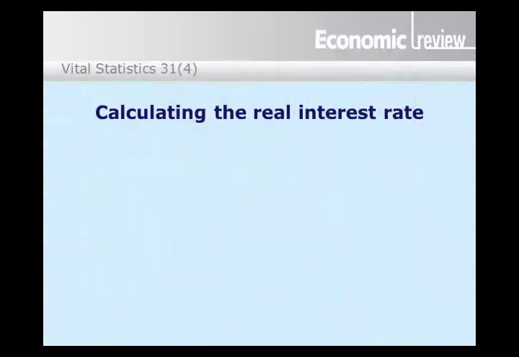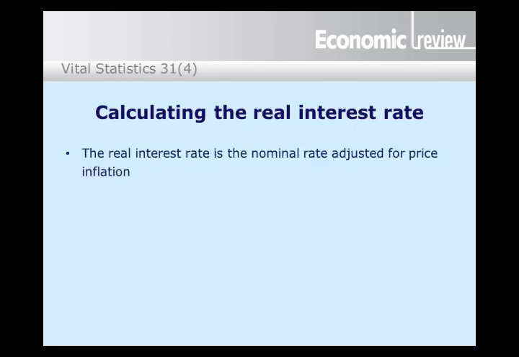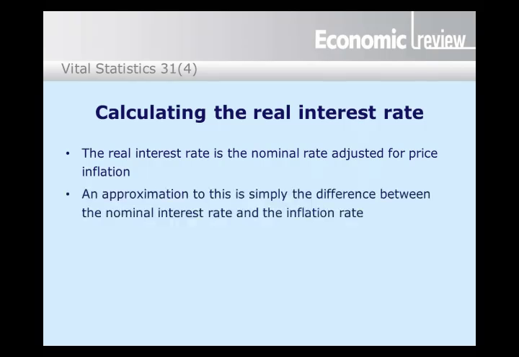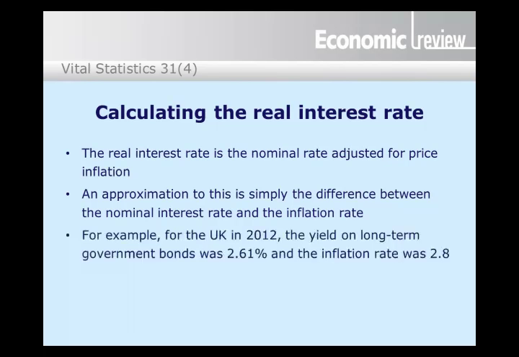So first of all, real interest rates. How do we calculate the real interest rate? Well, the real interest rate is basically the nominal interest rate, but adjusted for price inflation. And we can approximate that by looking at the difference between the nominal interest rate and the inflation rate in any period.